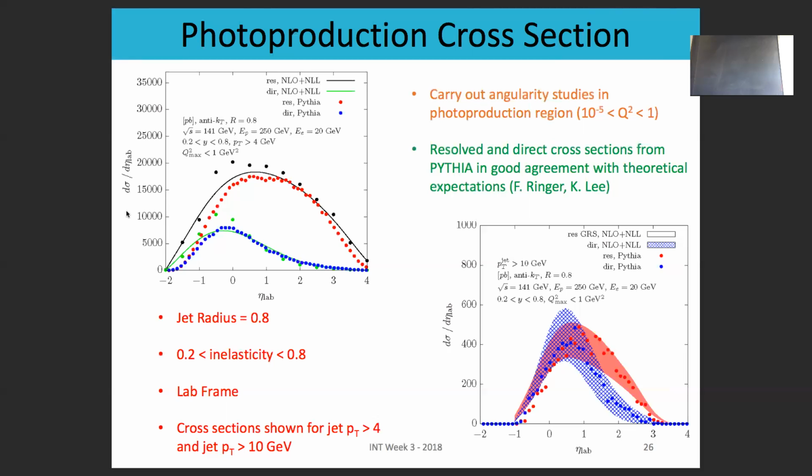I separate the resolved and the direct here. It's including one jet like that. So if I have two jets in the event, I fill this plot twice. Inclusive just means I don't consider them at the same time.